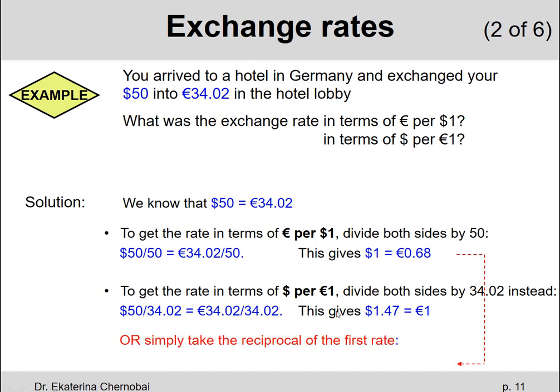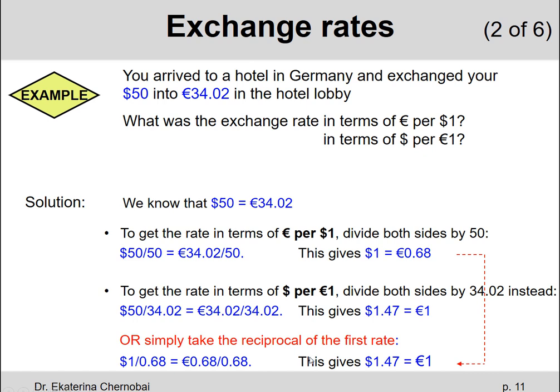Notice that to find that second exchange rate expression, €1 equals 1.47 of a dollar, we could do it a bit differently. We could start with the first exchange rate expression, $1 equals 0.68 euros, and divide both the left-hand side of it and the right-hand side of it by 0.68.